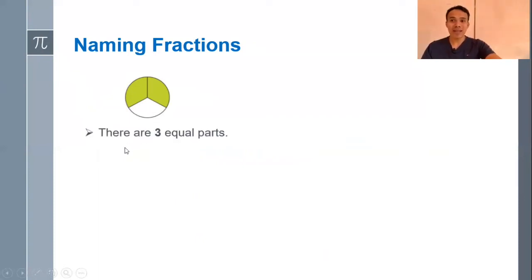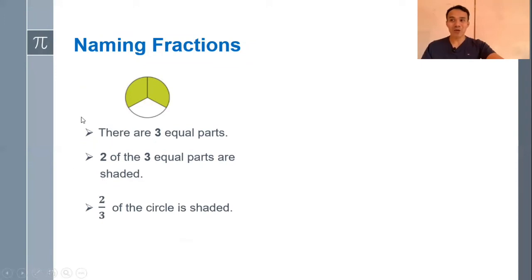How many parts are shaded? 1, 2. We say 2 of the 3 equal parts are shaded. Take note of that. Now, what is the fraction of the shaded part?